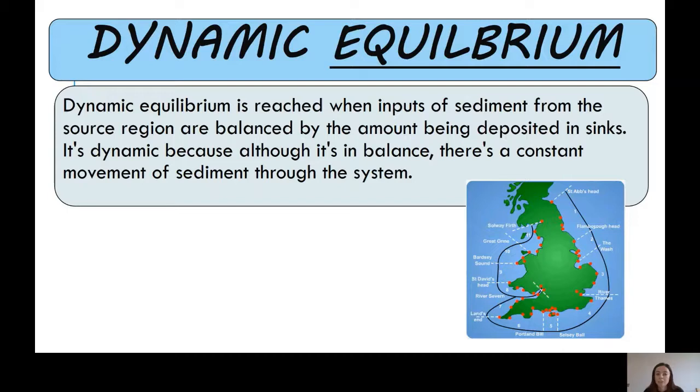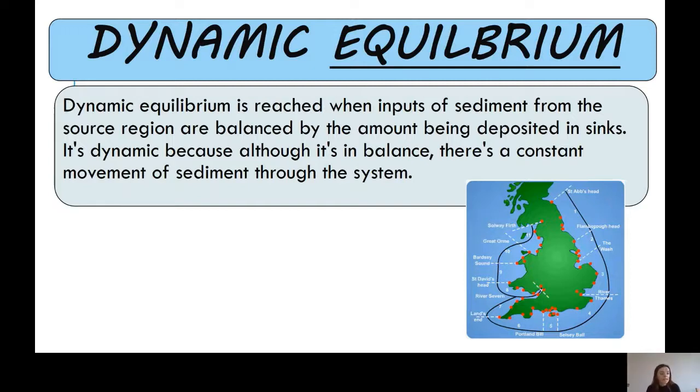Dynamic equilibrium is reached when inputs of sediment from the source region are balanced by the amount being deposited in sinks. It's in balance. It's dynamic though, because although it's in balance, there's constant movement of sediment through the system.